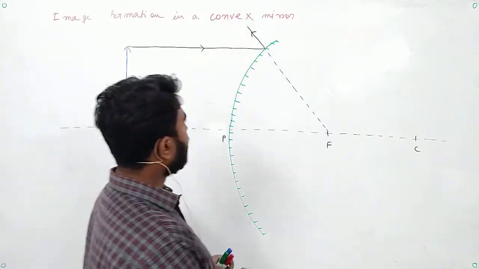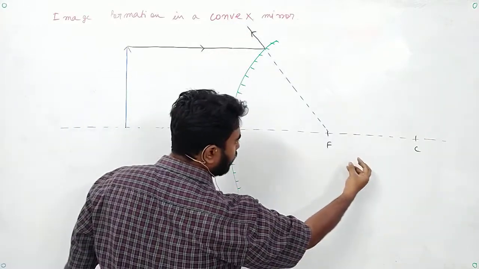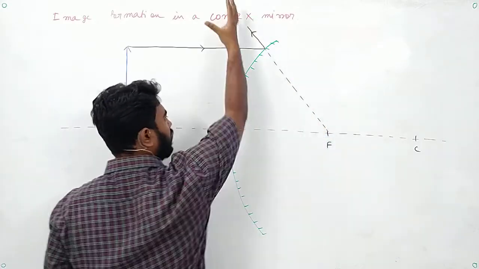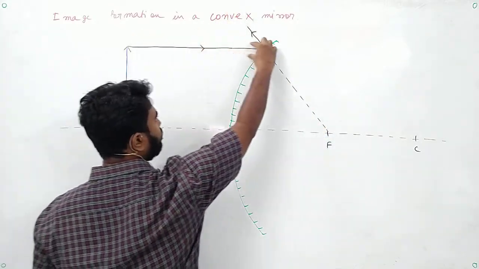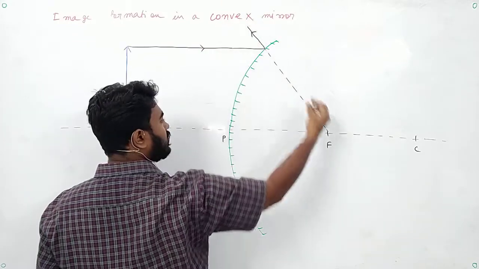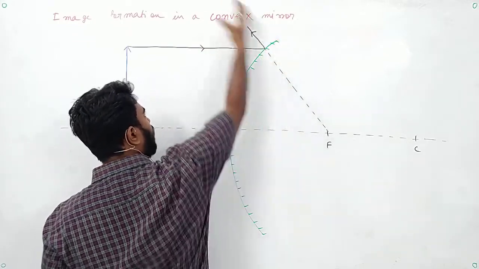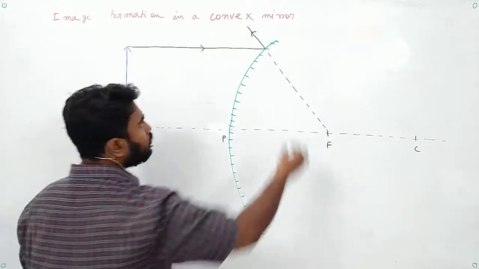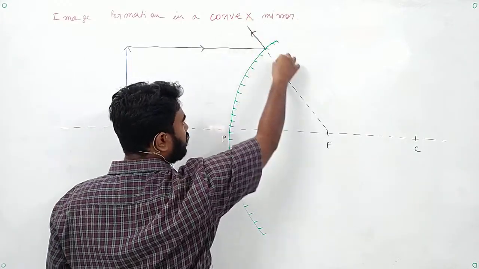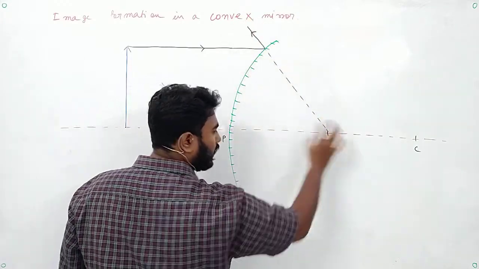Okay, it will look as if the rays of light are coming out from the focus. So if a ray of light comes parallel to the principal axis, it will pass along the line and away from the focus. So we can extend the reflected portion so that it will meet at F.